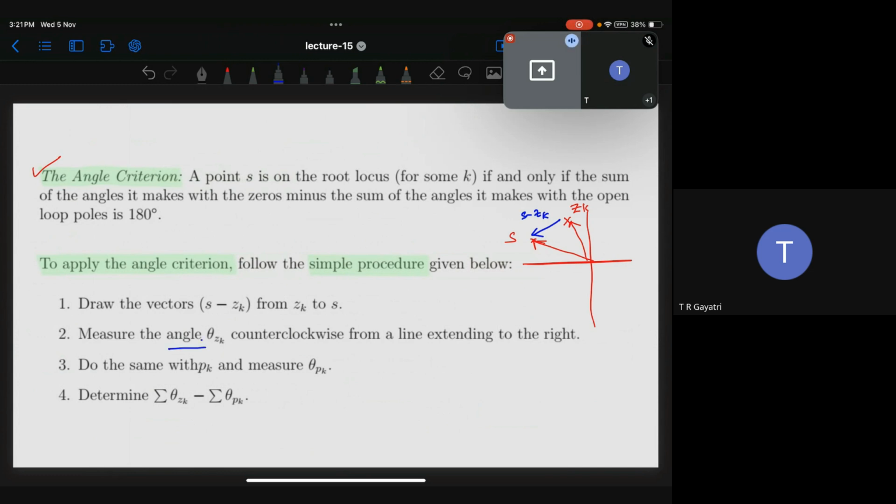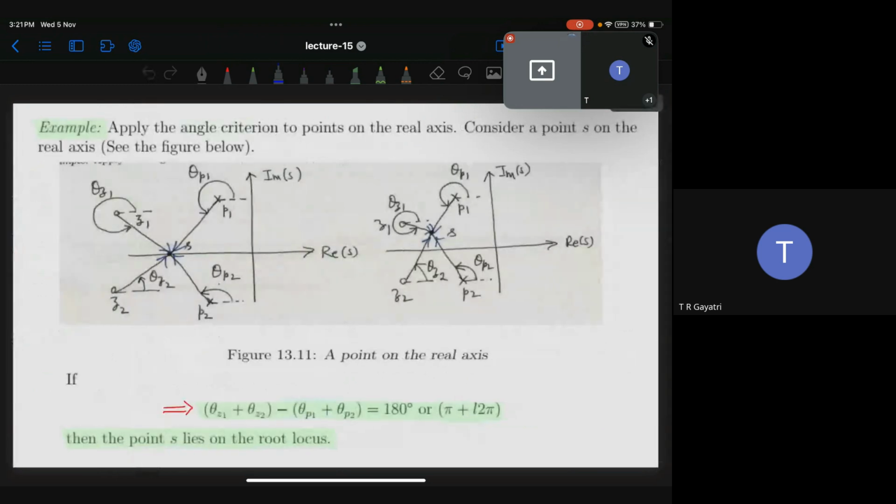Then you find this expression, and it has to be equivalent to 180 degrees. If it is 180 degrees, we will say that S is on the root locus. We will see that in a couple of minutes with the example.